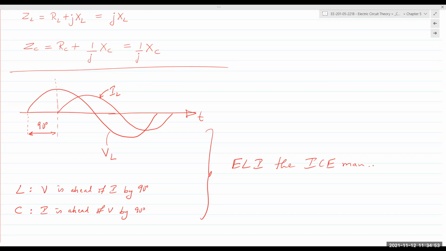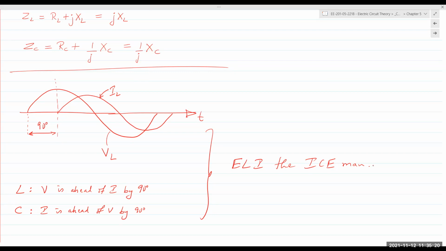Does that make sense? So if the inductor and the capacitor were in series, and we will solve a problem in this chapter later on, where you have a series RLC circuit. If it's a series circuit, what happens? The current is the same for all, right? The current would be the same for L and C. So if the current is the same, then the voltage for that inductor would be plus 90.